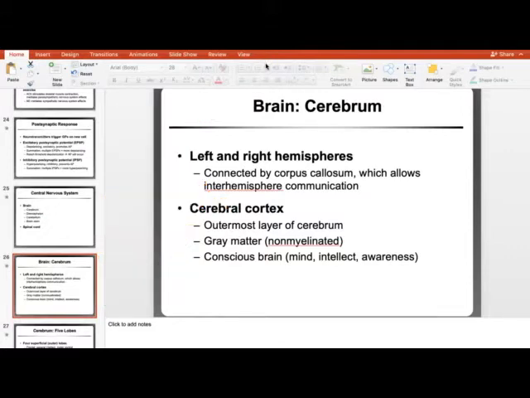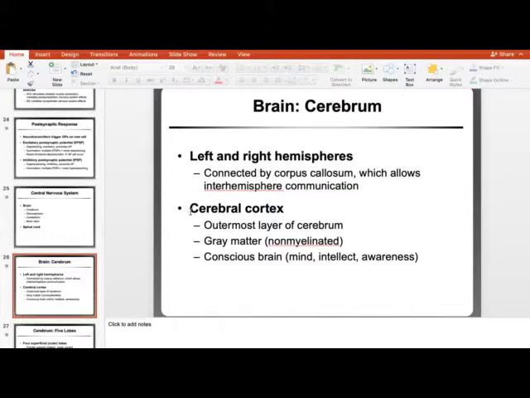All right. The brain, as you know it, is two cerebrums, a left and right, connected by a corpus callosum. So these two hemispheres can communicate, they're connected to each other as a system, right? Two cerebrums connected as a system.